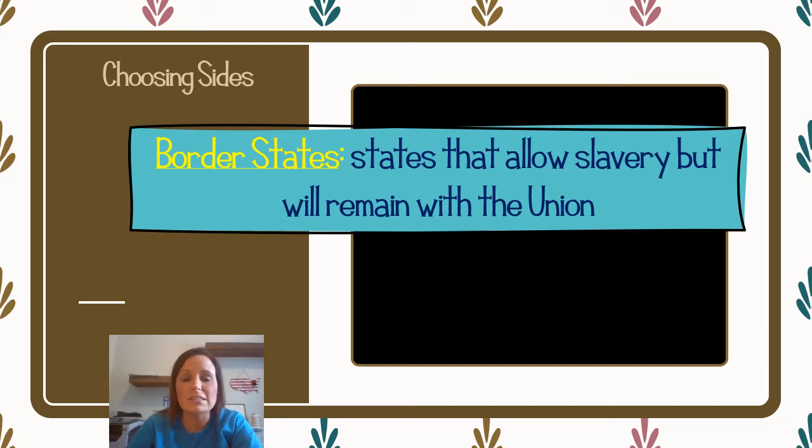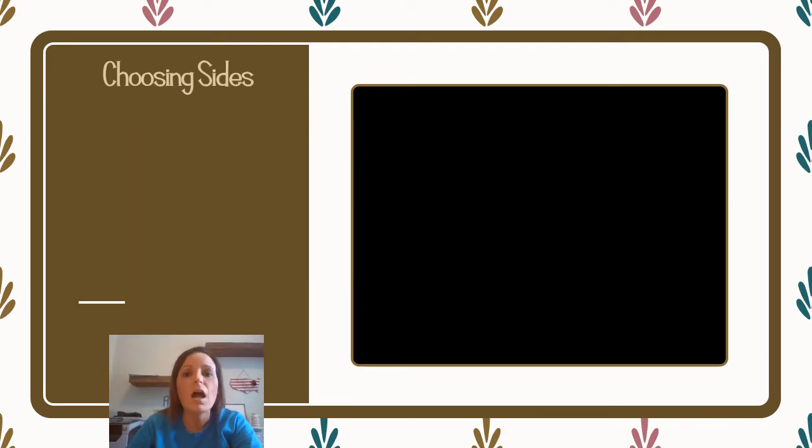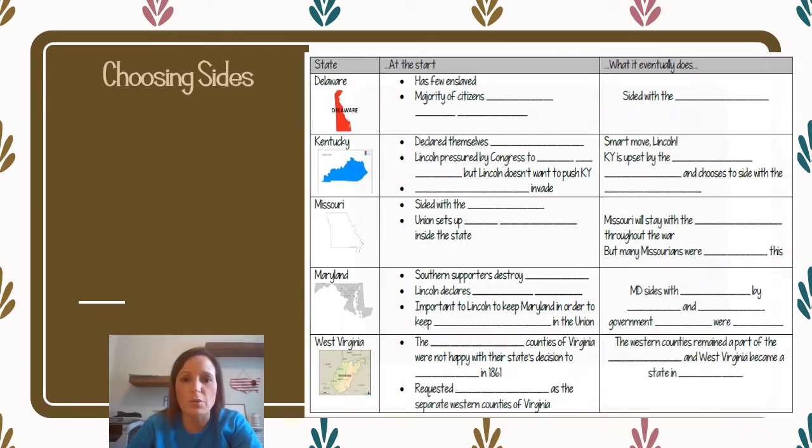Each of these states had close ties to both the North and the South, but all will ultimately remain in the Union. On the chart on page 1 of your notes, the states are listed in order of easiest to more difficult to remain in the Union.